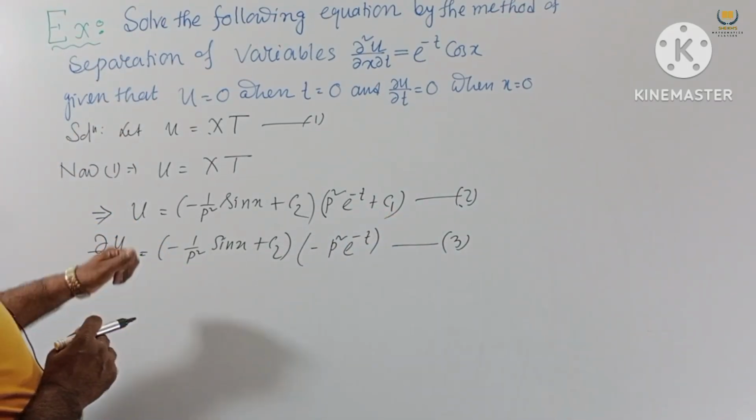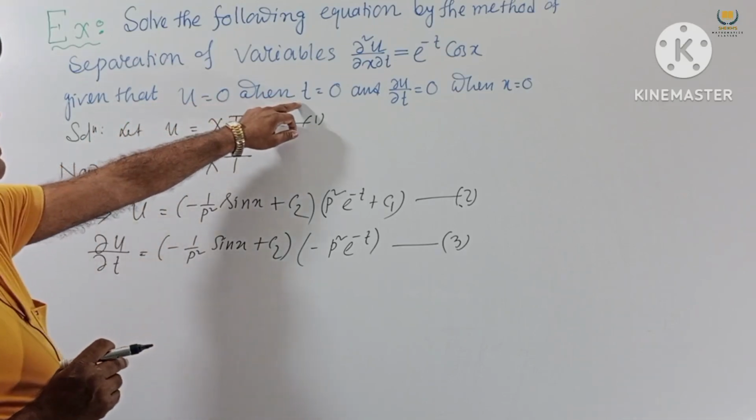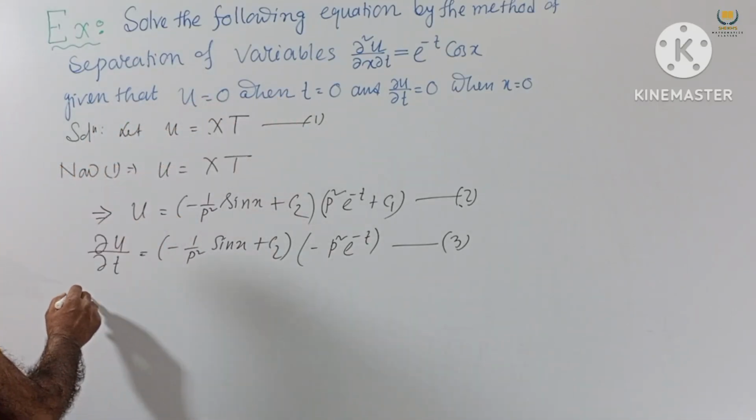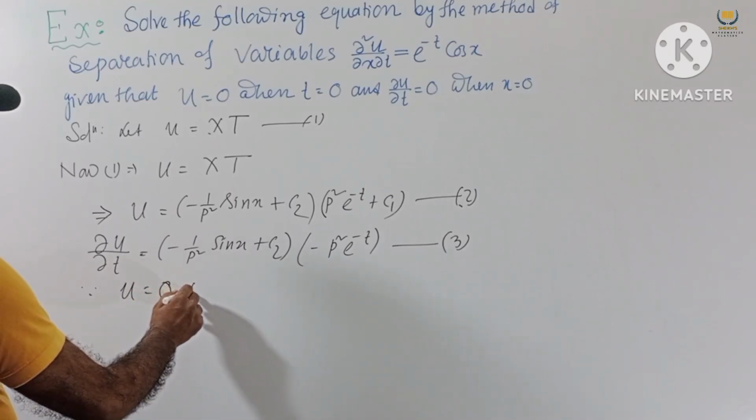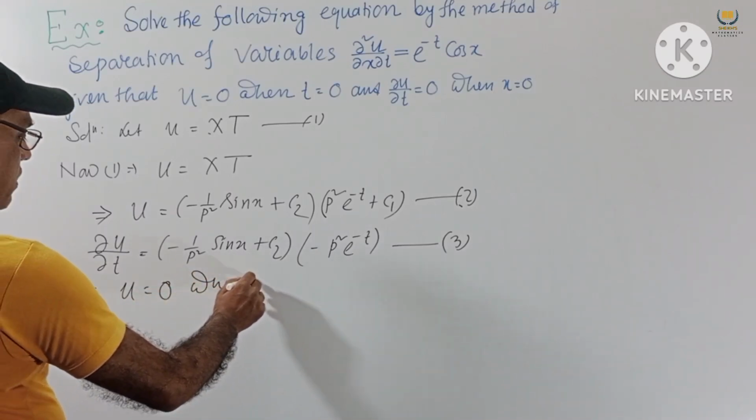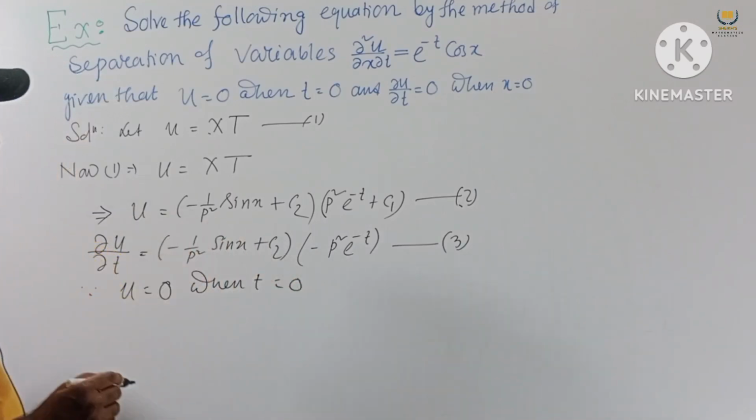Now our initial condition was u equal to 0 when t equal to 0. Since u equal to 0 when t equal to 0, putting this value in equation number 2.